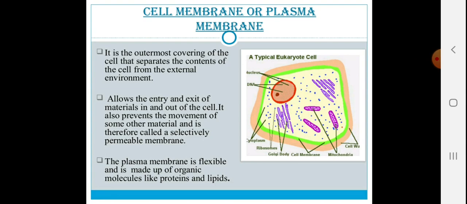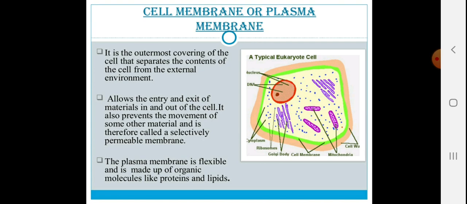Let's talk about the cell membrane or plasma membrane. The cell membrane is a membrane which surrounds the cell, also known as the plasma membrane, in a typical eukaryotic cell. Now let me tell you what eukaryotic cell means. A cell which has a proper nucleus, cell membrane and all the other cell organelles, or well-defined nuclear material, is known as a eukaryotic cell.